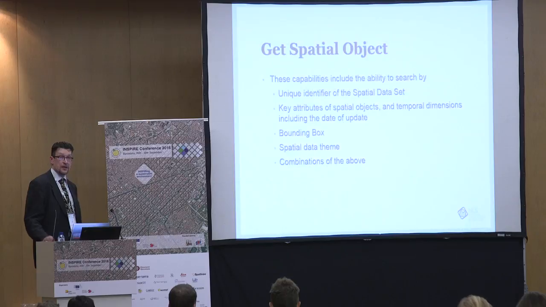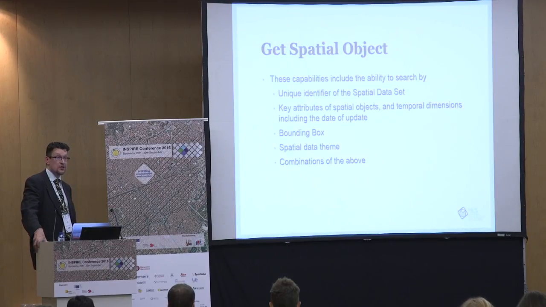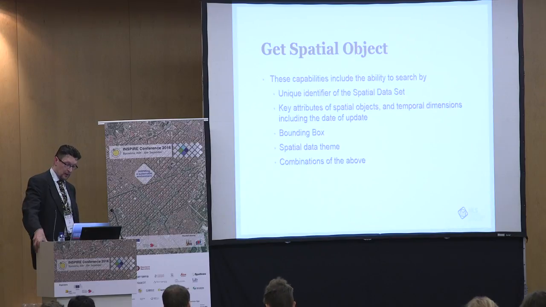Get Spatial Object gives you different abilities to search content using unique identifiers, some attributes, different temporal dimensions, like date of update, bounding box, so the corners of the content, by data theme, and of course as a combination of all the above.